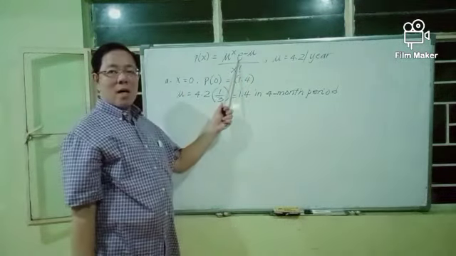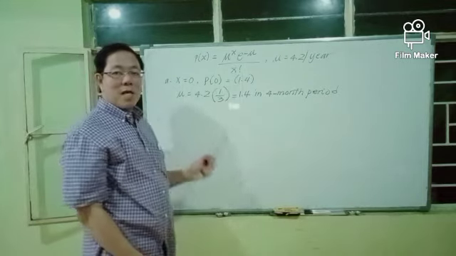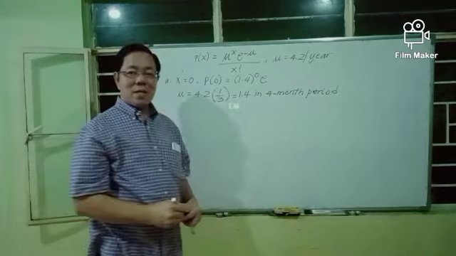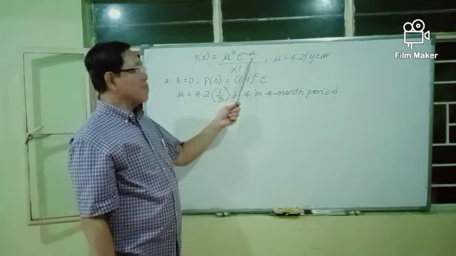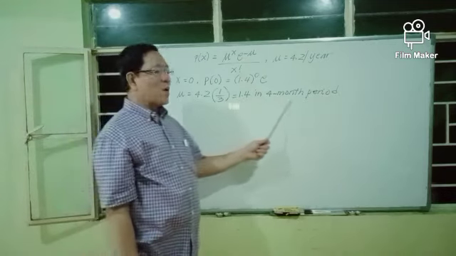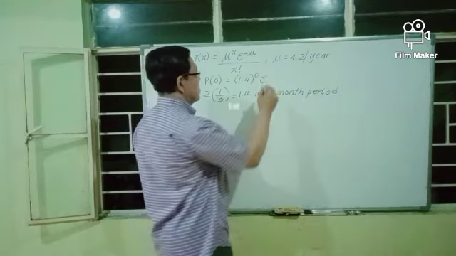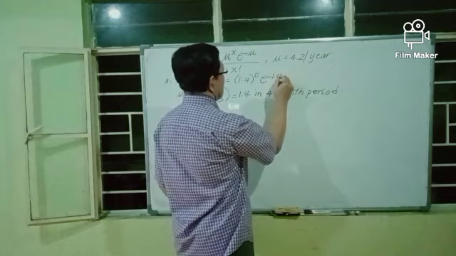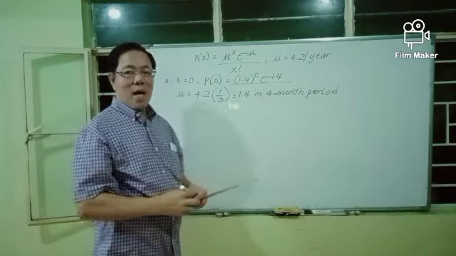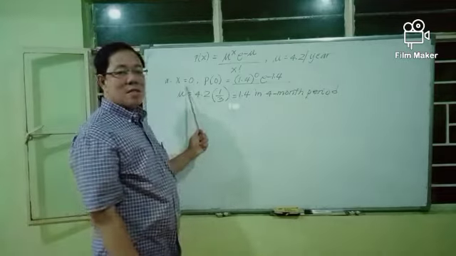To the power x, x is 0 for letter A. Multiply by e to the power negative mu. Mu is 1.4 for 4-month period. And divide by x factorial where x is 0.